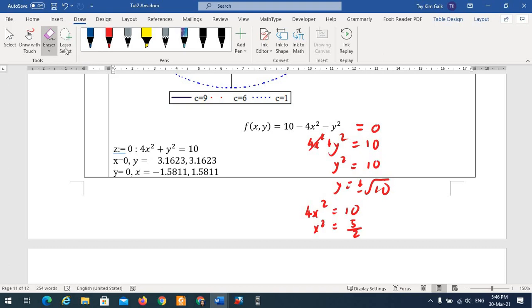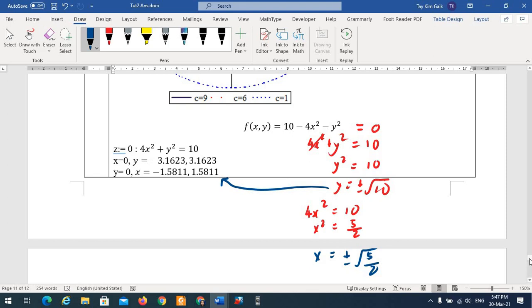So your x is actually here. X is positive negative square root of 5 over 2, approximately 1.58.